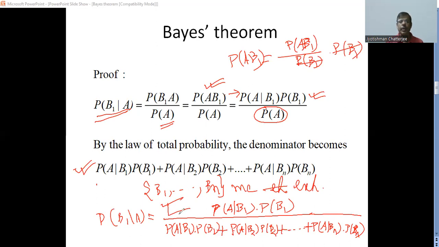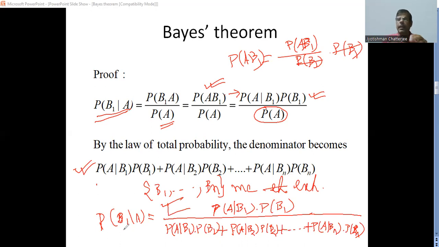Okay. So here, look at this formula. In order to understand this thing, you are trying to do back calculation, right? How much is the probability of A given B1?